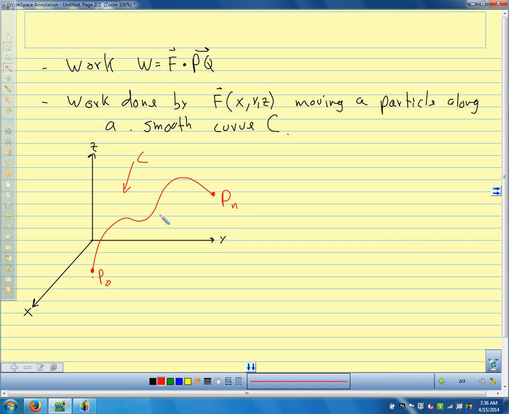We're going to divide this curve up into small little pieces. So we're going to divide it into little intervals. And we're going to look at the work done right here in the ith interval. This interval has arc length delta s sub i. So it's the distance that the particle moves in that little section.